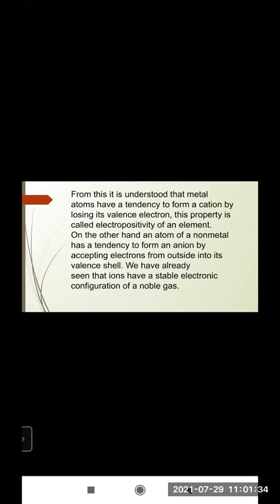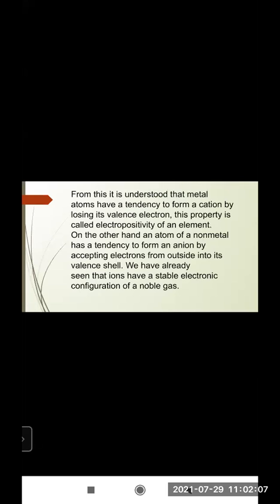So metals lose their valence electron and have a tendency to form a cation, and this property is called electropositivity of an element. Understand the point. On the other hand, an atom of a non-metal has a tendency to form an anion by accepting electrons from outside into its valence shell. Clear?